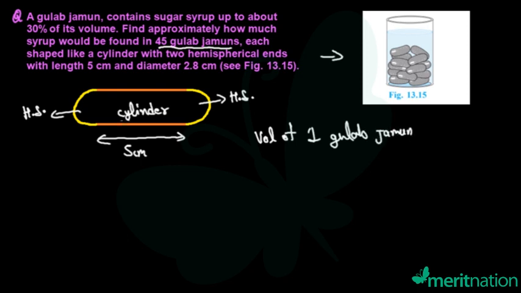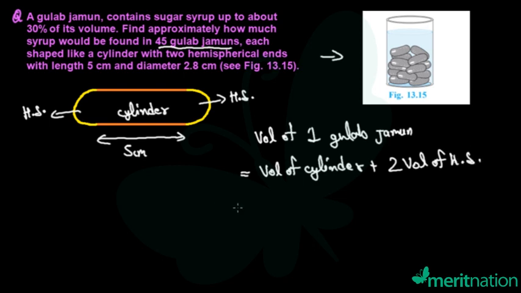What would be the volume of one gulab jamun? You will see the gulab jamun is having a cylinder, so it would be equal to the volume of cylinder plus 2 times the volume of hemisphere, because we have two hemispherical ends. Now let's talk about the dimensions.